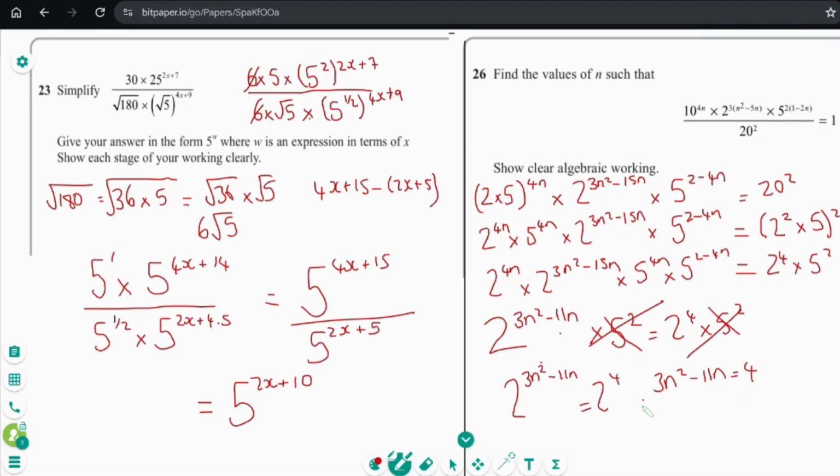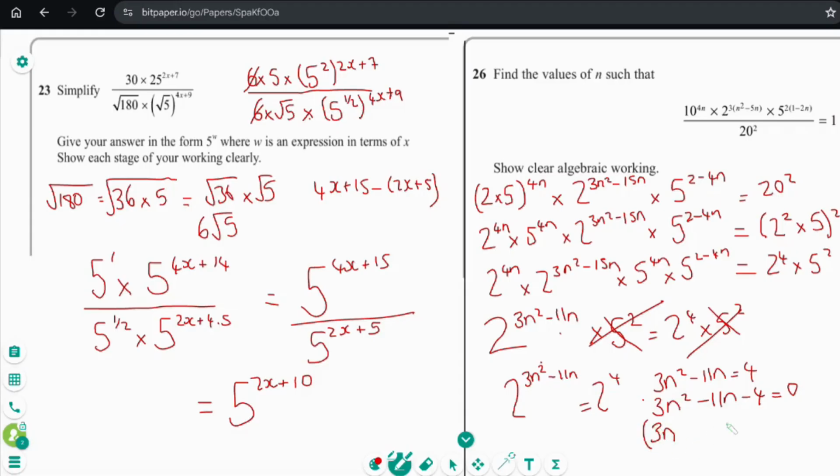Got a quadratic equation. Let us subtract 4 from both sides because it needs to be equal to 0. So we're solving a quadratic equation where the coefficient of n squared is greater than 1. So you can decide if you want to split down the middle or use a different method.